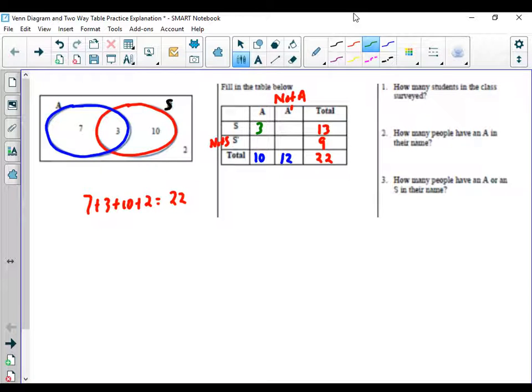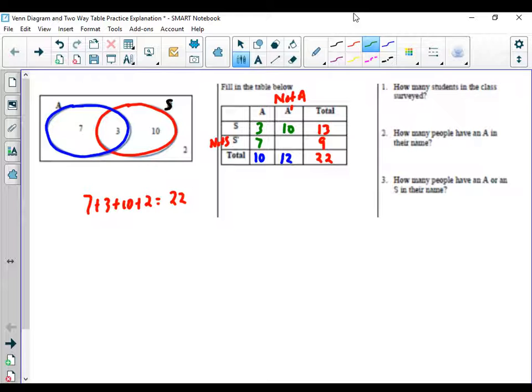Based on that, we should be able to fill in the rest of the table. Going across here, all the S's should have a total of 13. Right now I have 3 of them, so that means I had 10 in that one. Then for the ones that had a total of 10, I already have 3 of them, so that leaves me with 7.